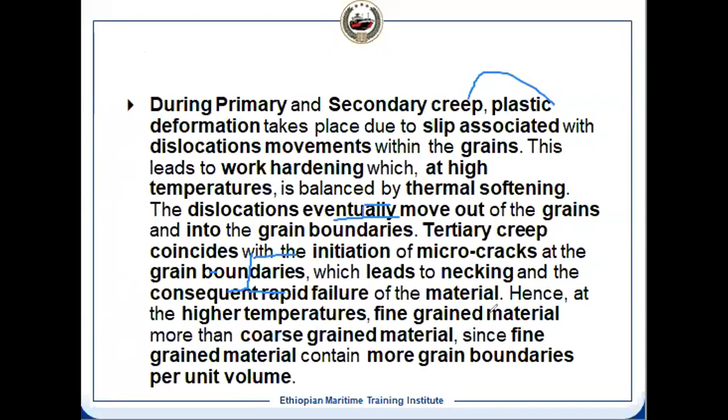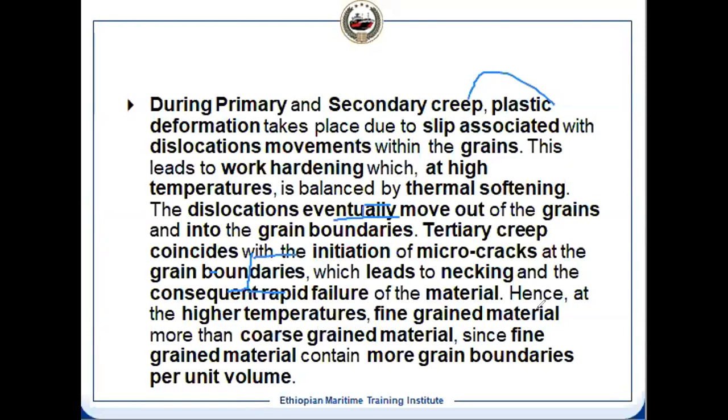So in the secondary creep, plastic deformation takes place, primary and secondary. And the dislocation of the grain structure becomes refined. That's the reason the secondary gives us more resistance. So work hardening is done during the secondary, at high temperature.